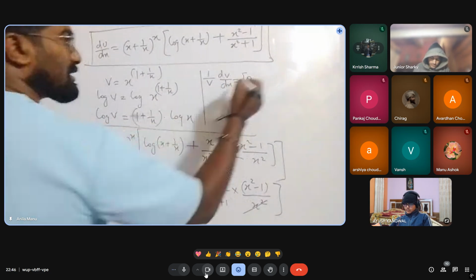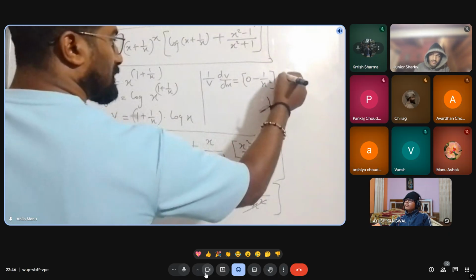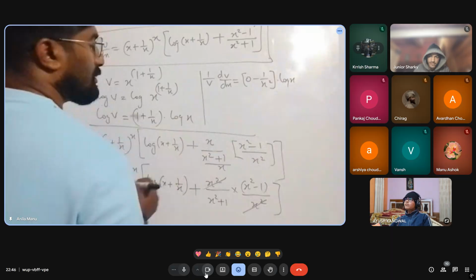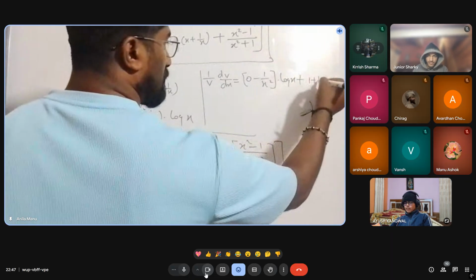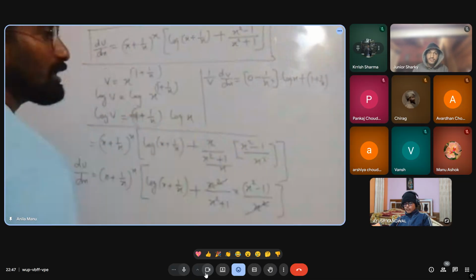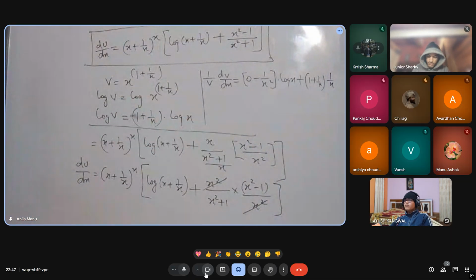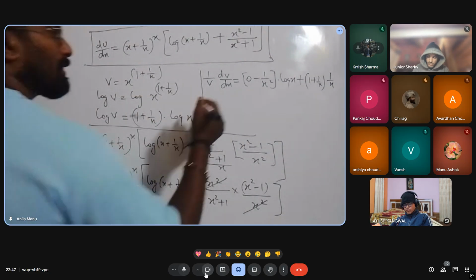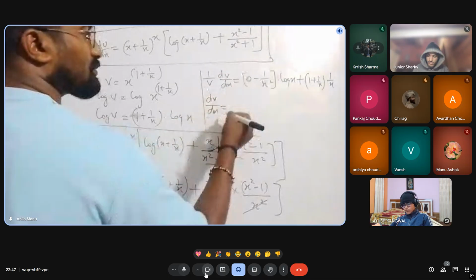Then the derivative of 1 by x is minus 1 by x square, multiplied with log x, plus the first function, that is 1 plus 1 by x, into the derivative of log x, 1 by x. Correct, right? Yes, sir.